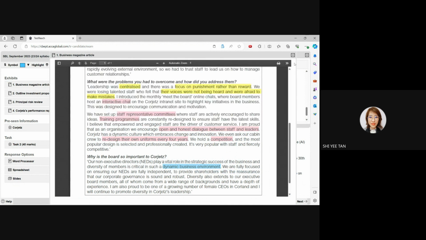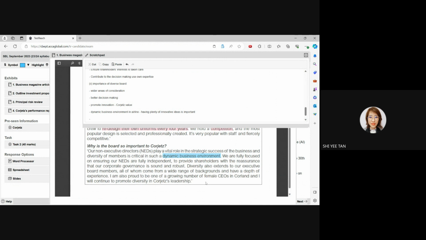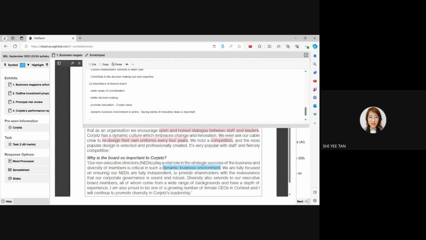Okay, diversity also extends to our executive board members, all of whom come from a wide range of backgrounds and have a depth of experience. I'm also proud to be one of the growing number of female CEOs in Holland, and I will continue to promote diversity in Corjetz leadership. Okay, right? Nothing much, but we do see something: dynamic business environment, so that's why you need to have a diverse board, right?